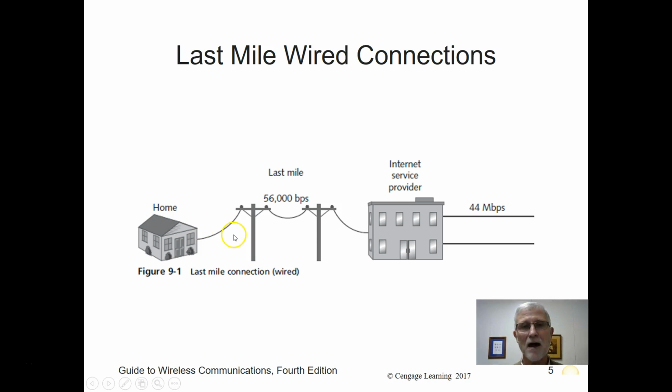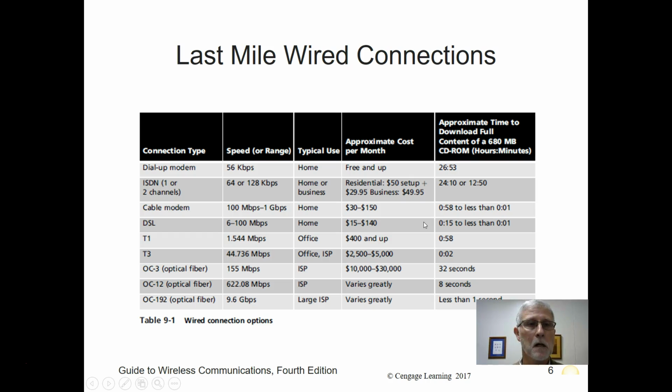The last mile is what happens from the time I get to the internet service provider's office to your home. It may not be an actual building, but a neighborhood hub that they've got fiber to, and then it goes off coax from there.